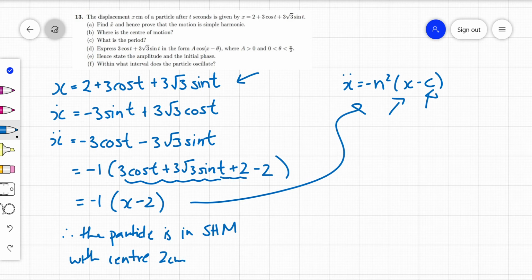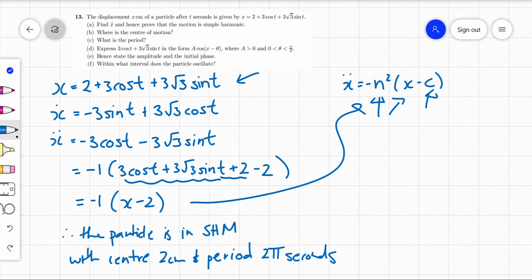We can also get the period from this. Remember the period is 2 pi on n, and if we compare, our n is 1. So we're getting a period of 2 pi on 1, which is 2 pi, in seconds. All right, so it's definitely in simple harmonic motion.